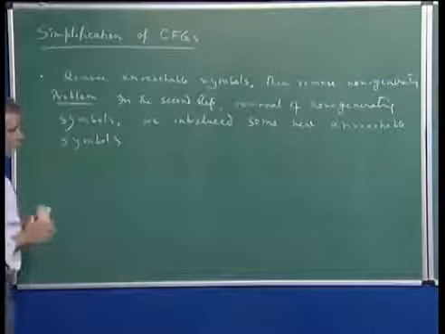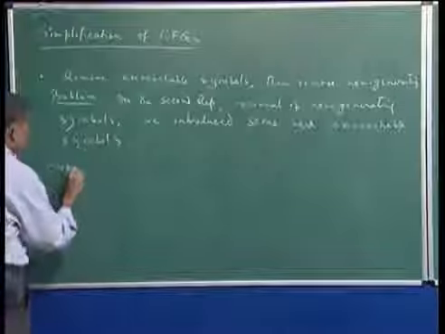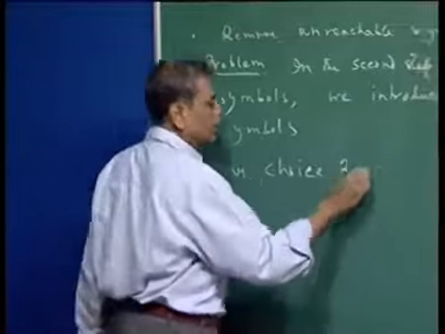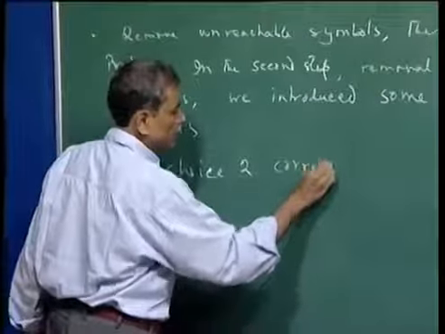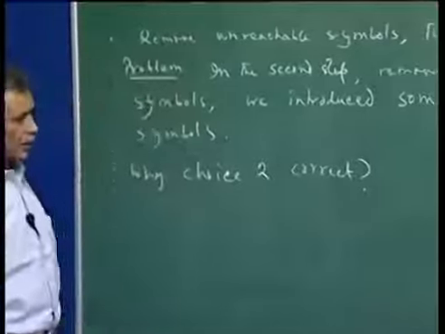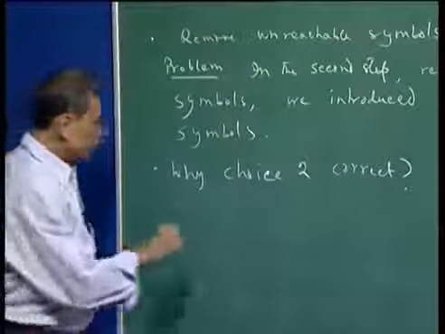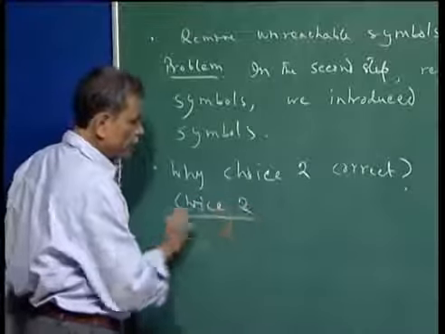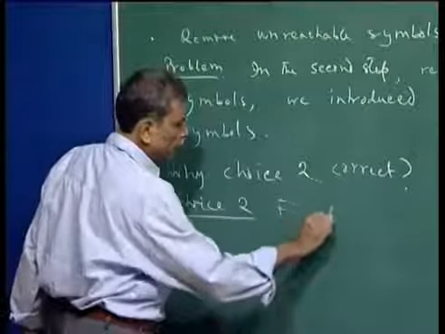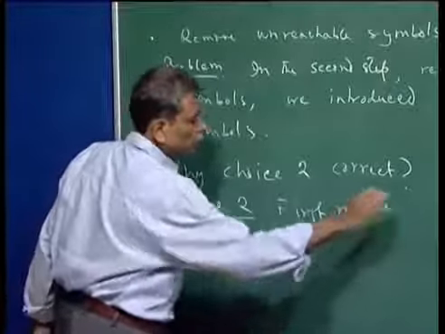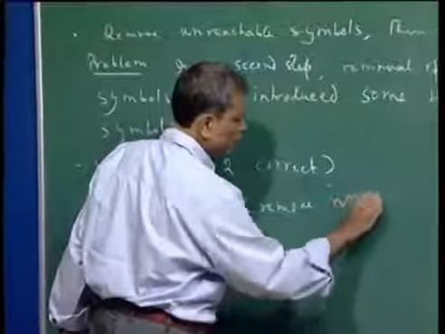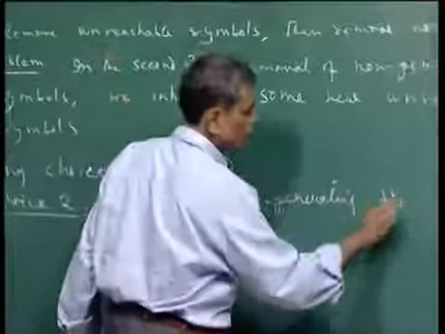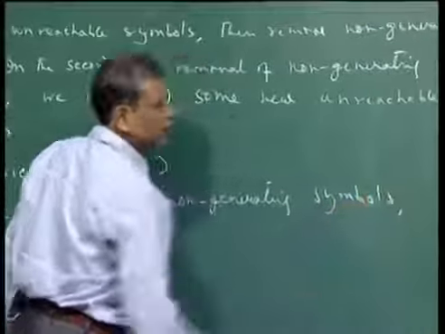But interestingly, why is choice 2 correct? Let us understand that, at least informally. Choice 2 is first remove non-generating symbols and then remove unreachable symbols.